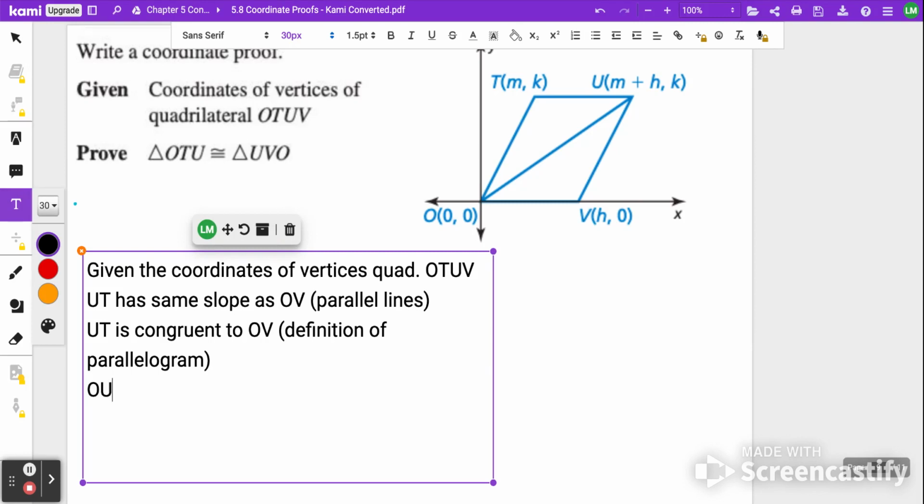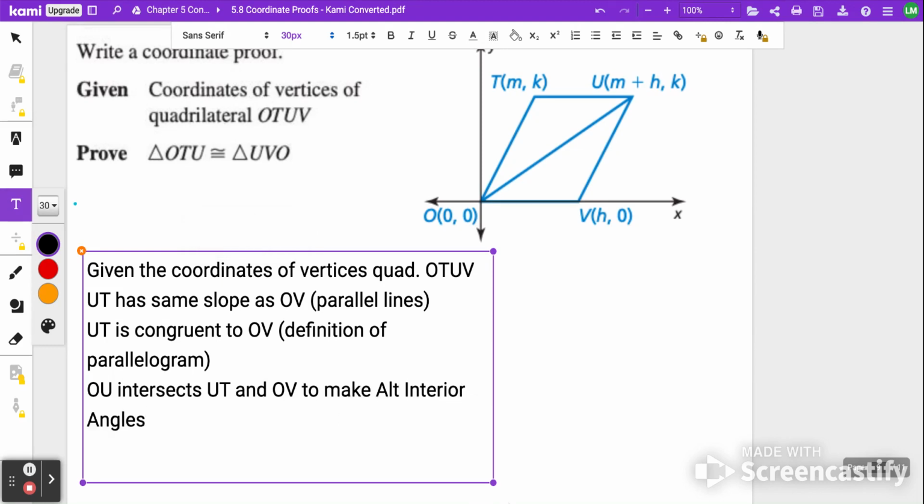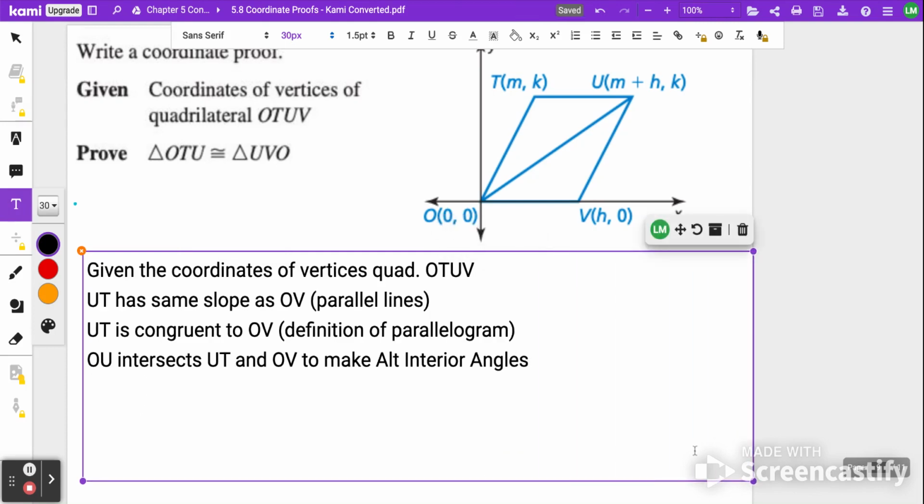Next thing I can say, OU is intersecting UT and OV to make alternate interior angles. With that, those alternate interior angles being made are TUO and VOU.